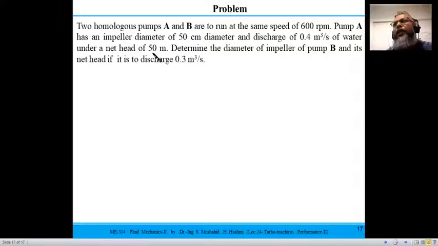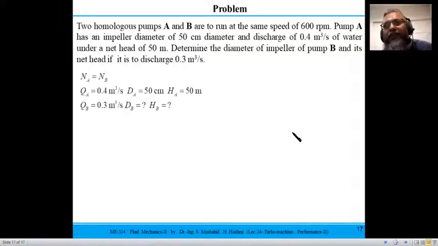You need to determine the impeller size of pump B and its net head, if its discharge changes from 0.4 to 0.3 meter cube per second. So pump B has a lower discharge.